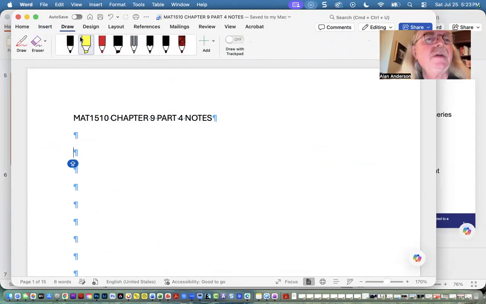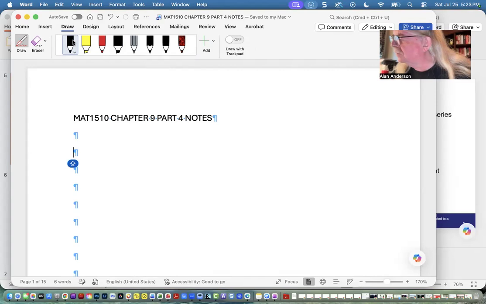Hold on, my tablet does not seem to be connected right now. Okay, maybe not. No, you know what it is? I'm trying to use Bluetooth. Sometimes it works and sometimes it doesn't. Hold on one second.